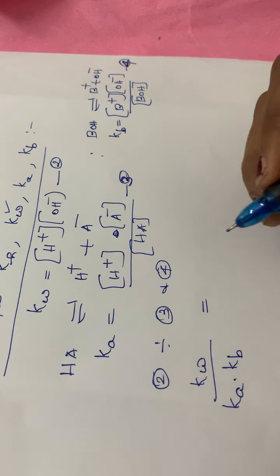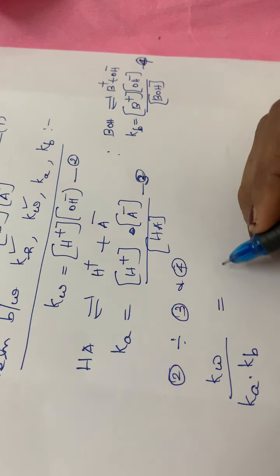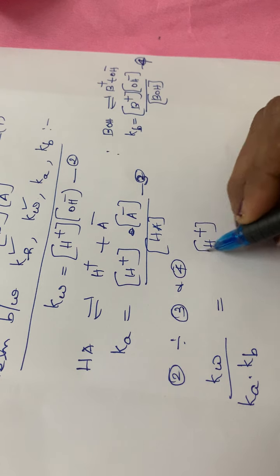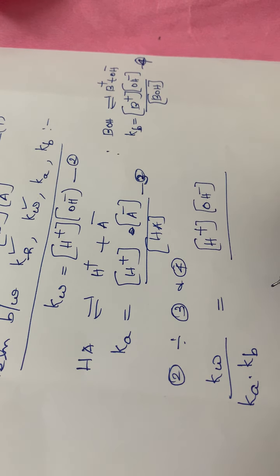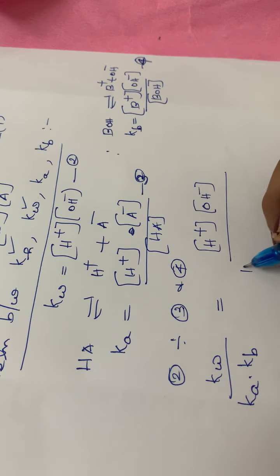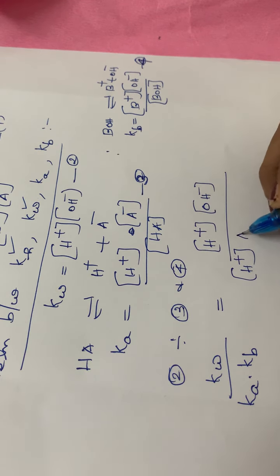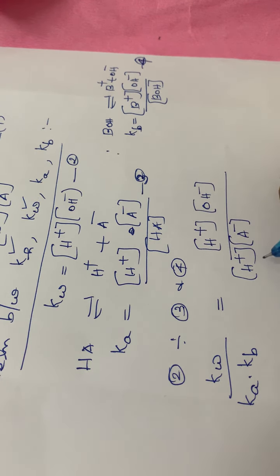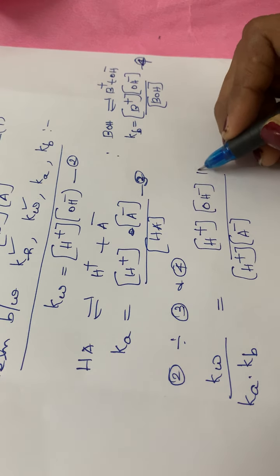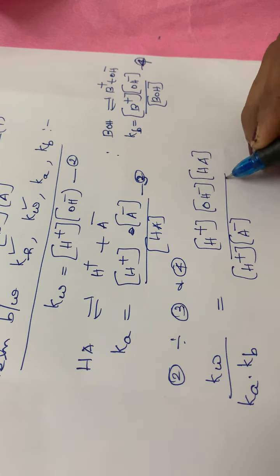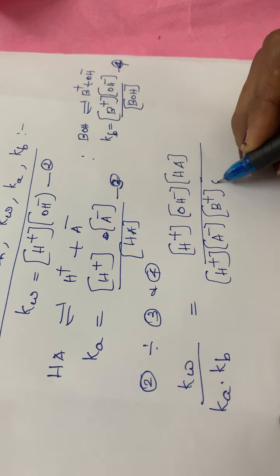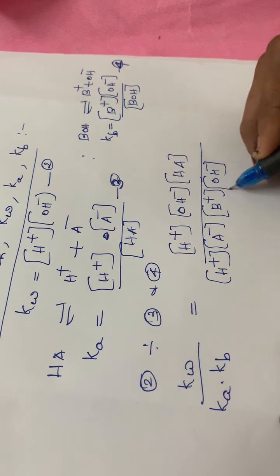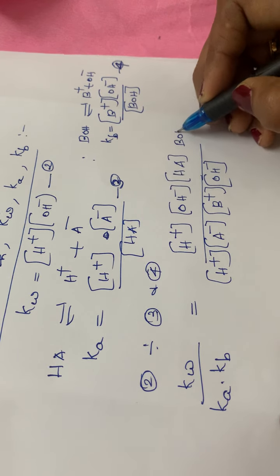Kw by Ka into Kb is equal to concentration of H plus into concentration of OH minus divided by Ka Kb. Ka is this one divided by HA, so HA will be going to the numerator. Then Kb is B plus into OH minus divided by BOH, so BOH will be going to the numerator.